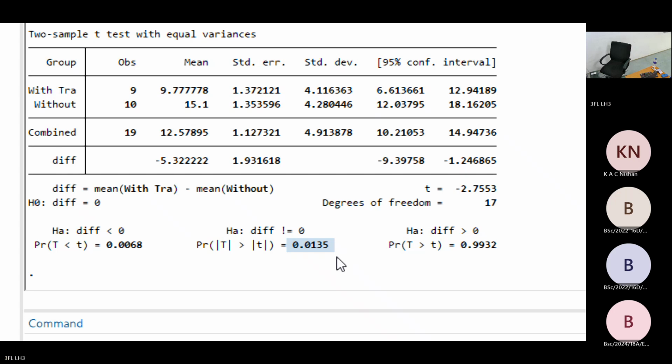Step number 3 answer is equal to 0.0135. Right. Now let's go to step number 4. Step number 4 is the conclusion.